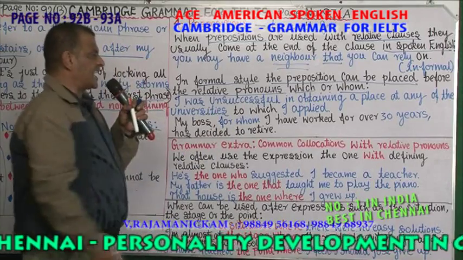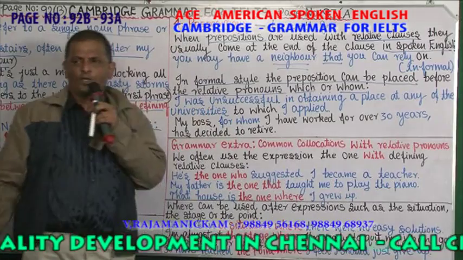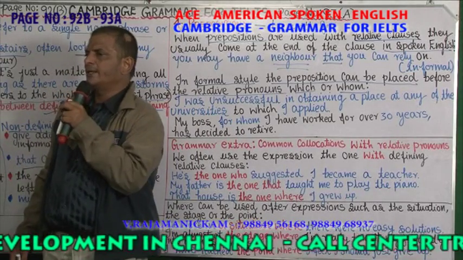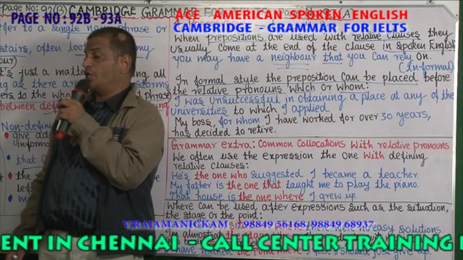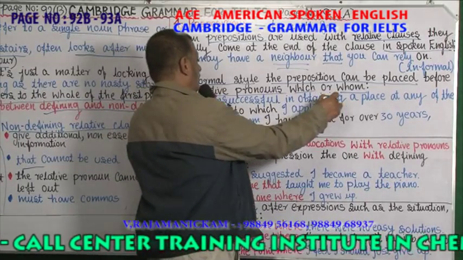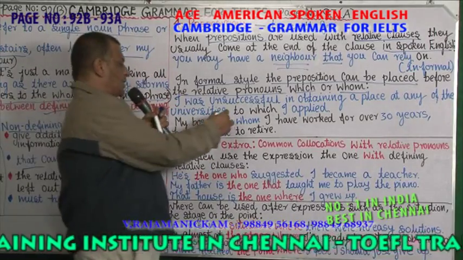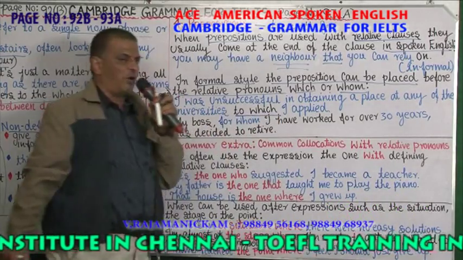I was unsuccessful in obtaining a place at any of the universities. You finished your degree, and after the degree you are unable to get a seat in a university. So, I was unsuccessful in obtaining a place at any of the universities to which I applied.